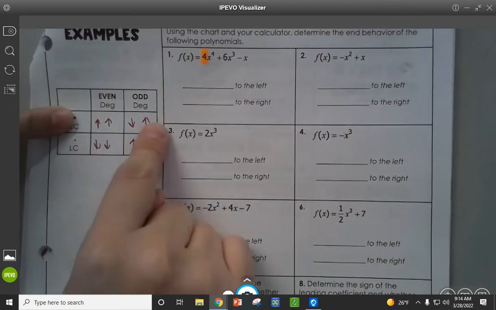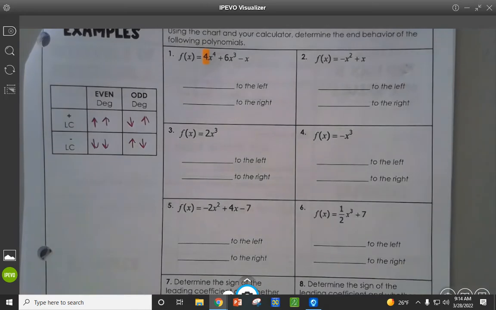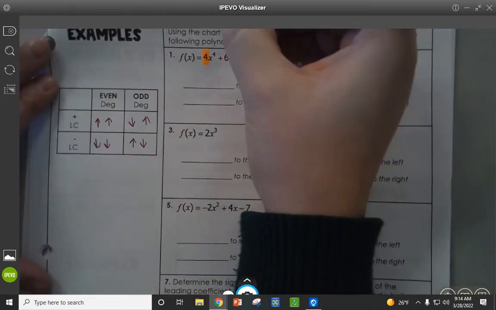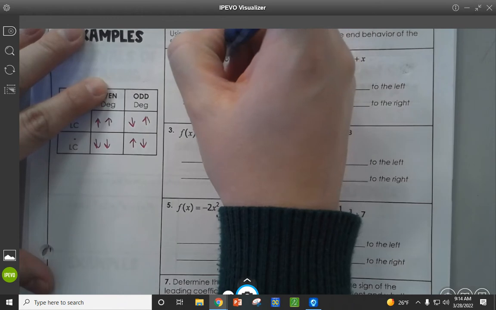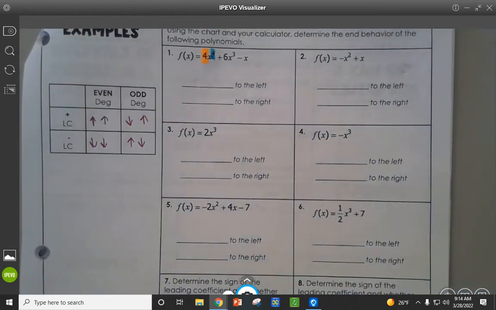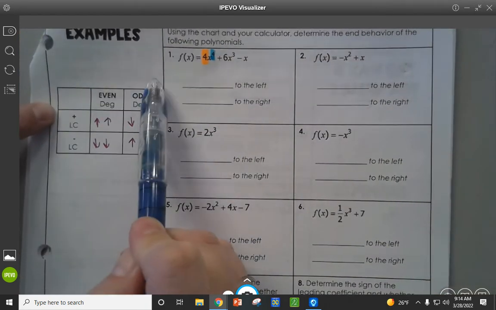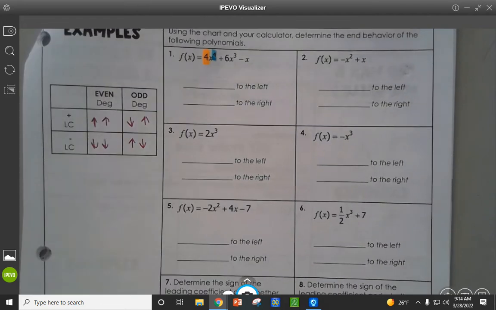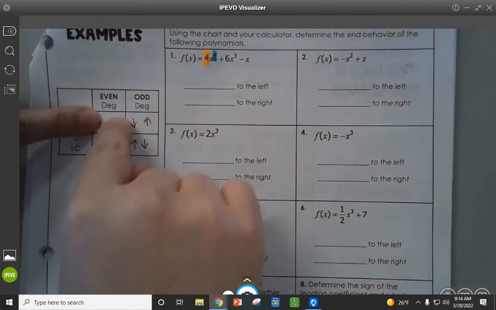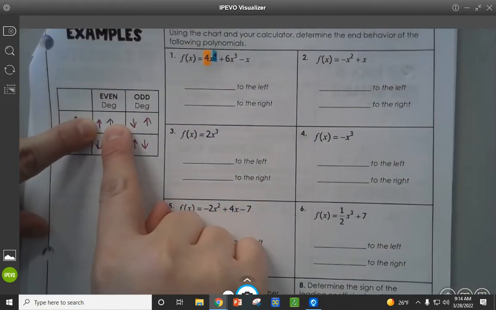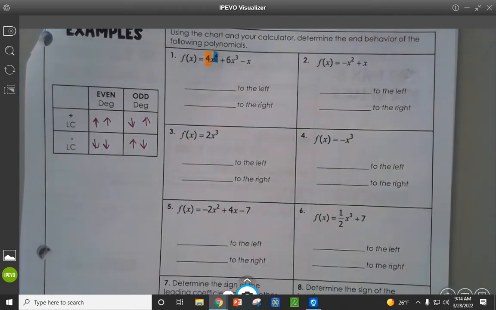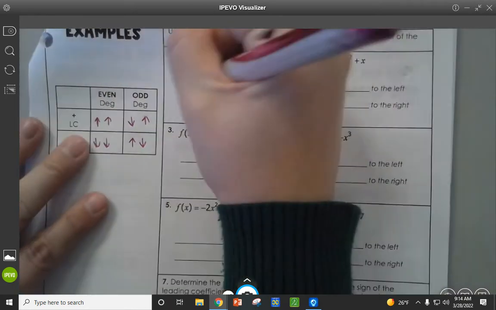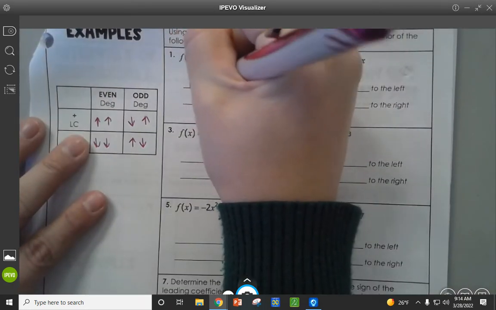Positive. So it's going to be one of these two. Okay. And then my degree is the largest exponent, which is also 4. So is that even or odd? Even. So I've got a positive, even. We're going to have 2 up arrows. So rises to the left, rises to the right.